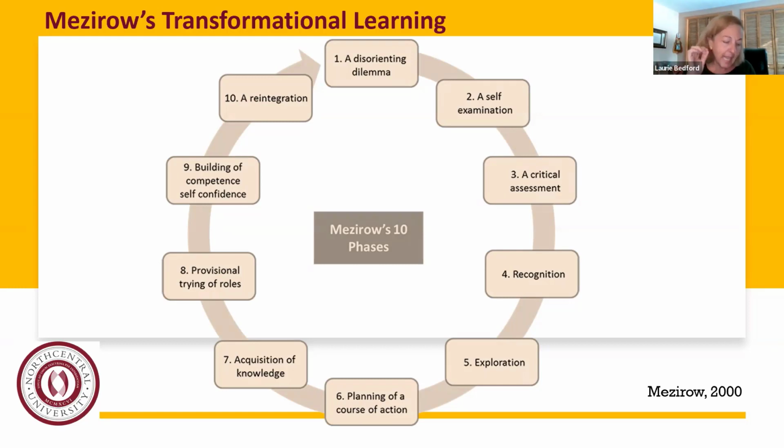So he introduced this transformational learning theory as a change process that transforms your frame of reference. So the frame of reference is what you come in thinking, knowing, your assumptions, your beliefs, all those things that Elizabeth talked about based on previous experience.